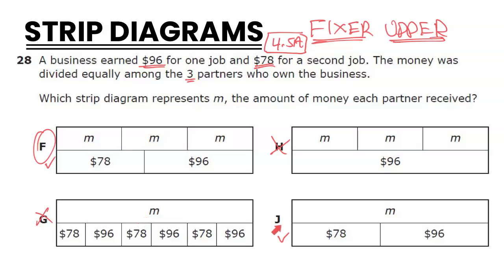Or maybe letter J, which is an even simpler problem where we just have a business earning $78 for one job and $96 for another job, and we want to figure out what the total is for their earnings for those two jobs. Whatever the scenario is, this forces students to really analyze, based on a given strip diagram, what would a problem have to say in order for that strip diagram to represent the problem.